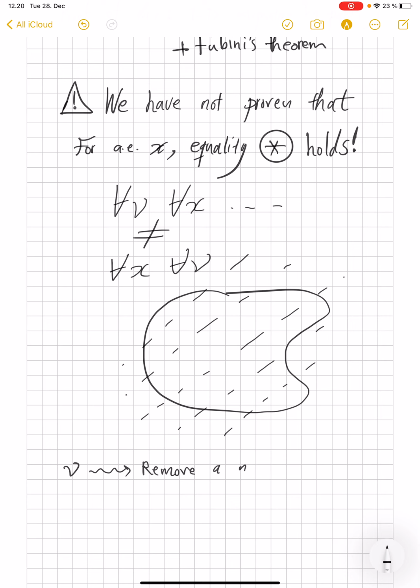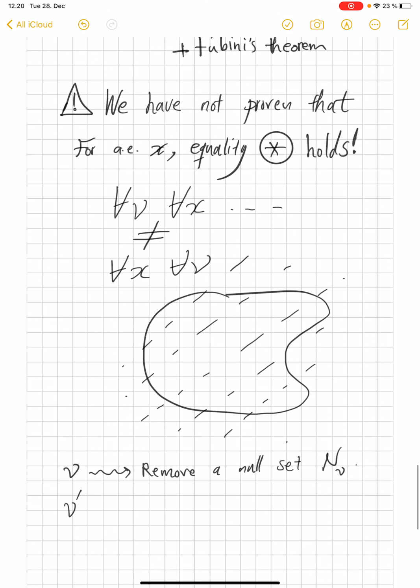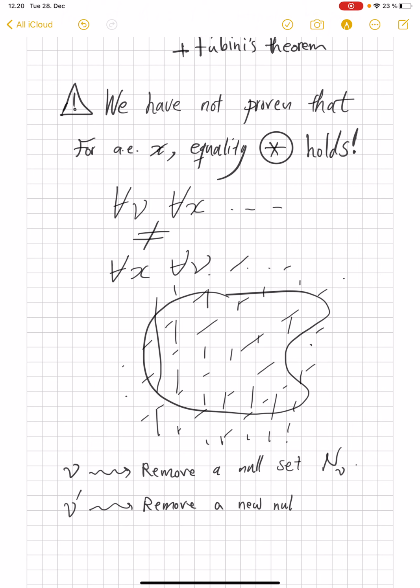A null set, but that depends on v. Now, if you choose a different direction v prime this time, then you have to remove another null set, that can be a completely different, new null set.